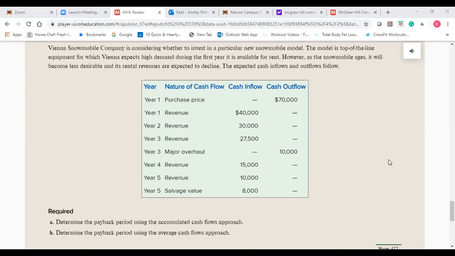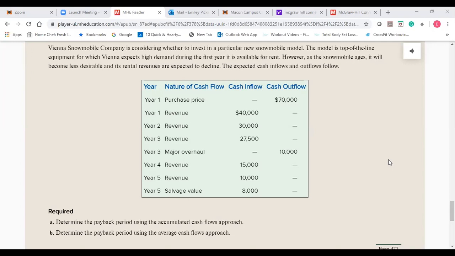Year two, I had 30,000. Makes it super nice and neat. So that means after year two, I have recovered my full $70,000 investment. So at the end of year two, I'm going to say I have broken even. I've paid for my initial investment.